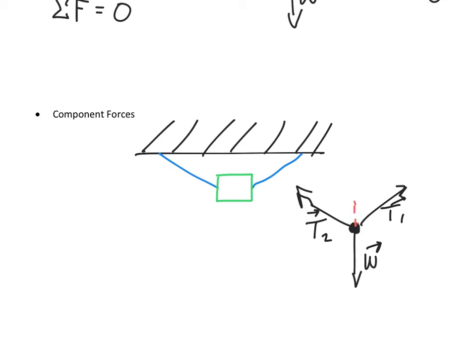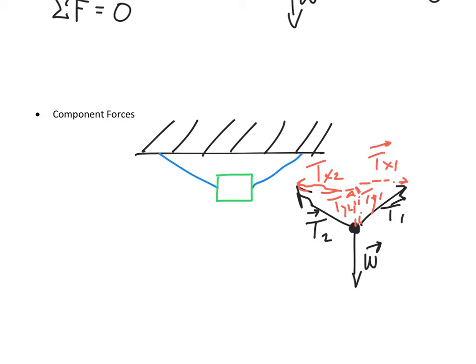Here's the vertical component of T2, here's the horizontal component of T2, here is the vertical component of T1 and the horizontal component of T1. I'll label these TX1, TX2, TY1, and TY2. That looks really messy, but you hopefully get the idea.